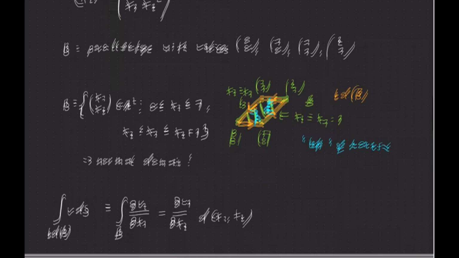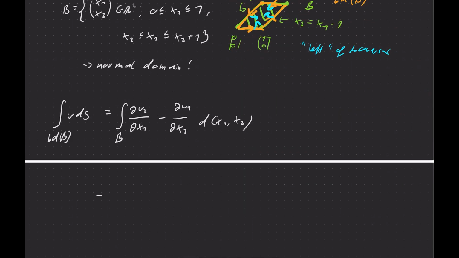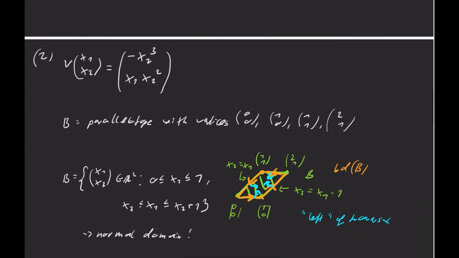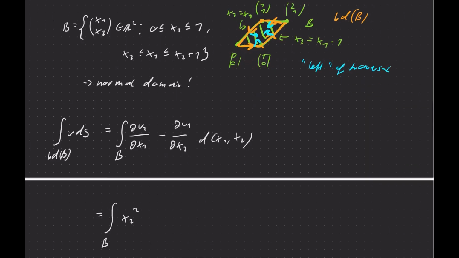So v2 is this here, and we need to differentiate v2 with respect to x1. So that's just x2 squared. And then we need to compute this derivative here, dv1 with respect to dx2. v1 is minus x2 to the third, so differentiating that with respect to x2, we get minus 3x2 squared.